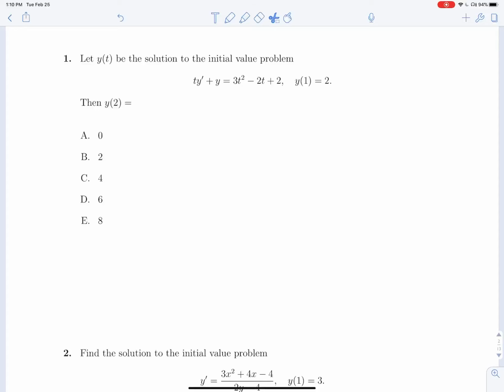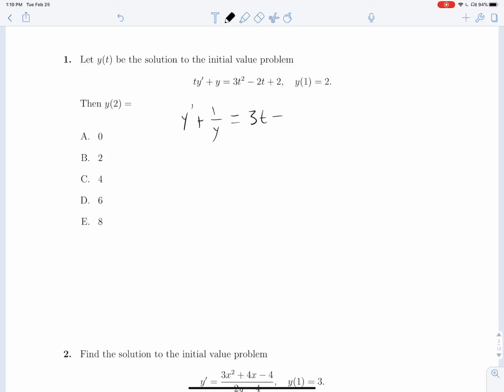Question 1, let y of t be the solution to this initial value problem, and we're trying to find y of 2. So first off, we're going to need to isolate y prime. That's going to give us y prime plus 1 over t y is equal to 3t minus 2 plus 2 over t.